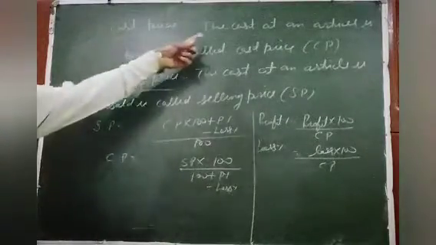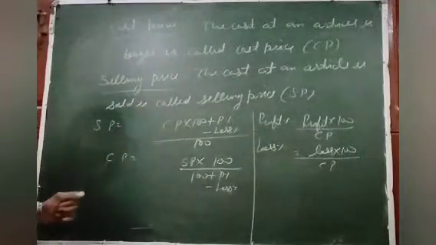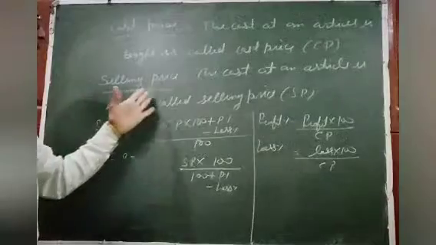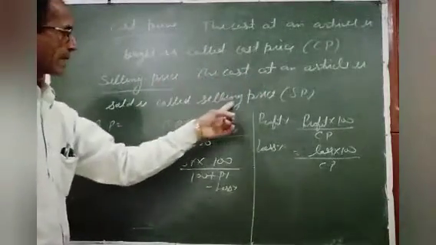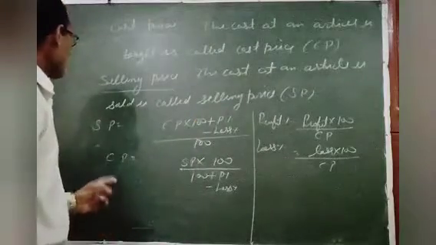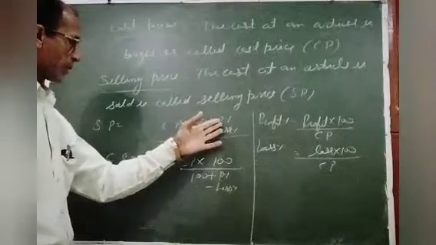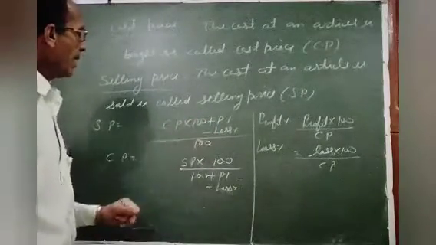First, cost price. The cost at which an article is bought is called cost price. If we are buying something, that is called cost price. Selling price, the cost at which an article is sold, is called selling price. If we have to find SP, then CP multiplied by 100 plus profit percent upon 100, and if loss is there, 100 minus loss percent upon 100.